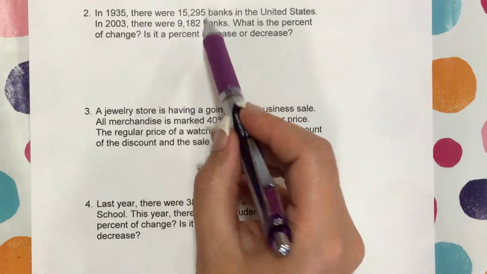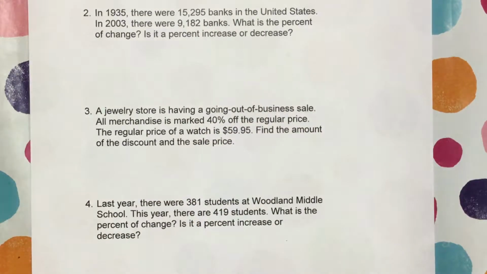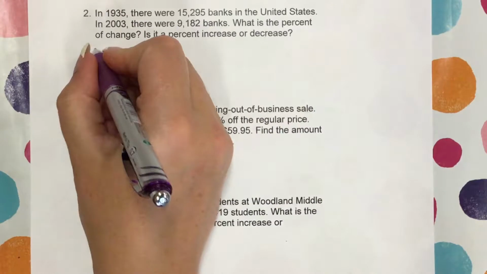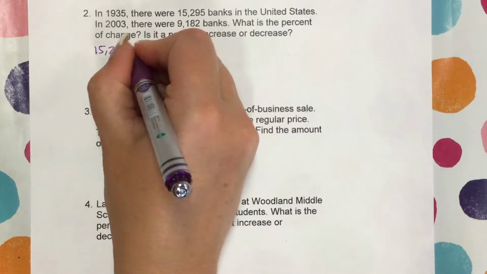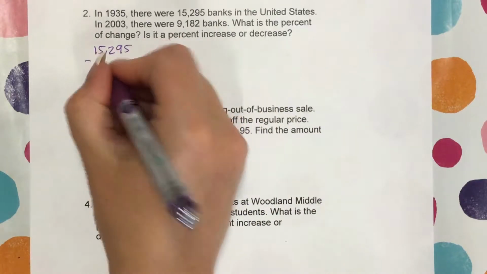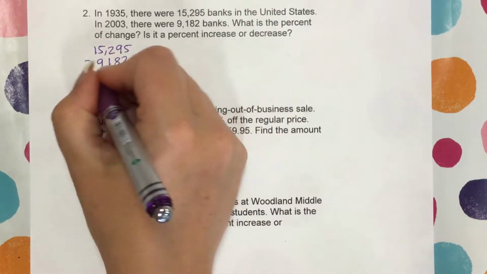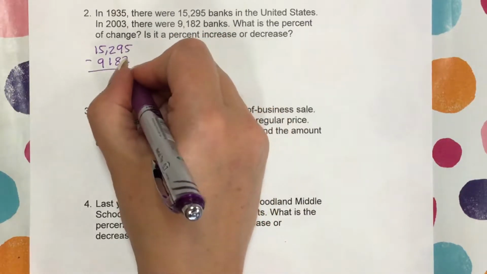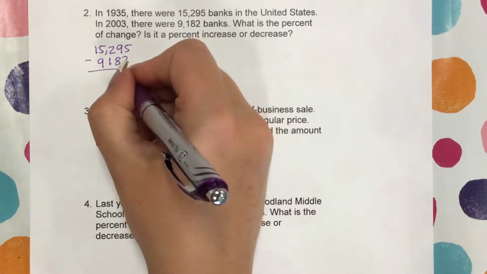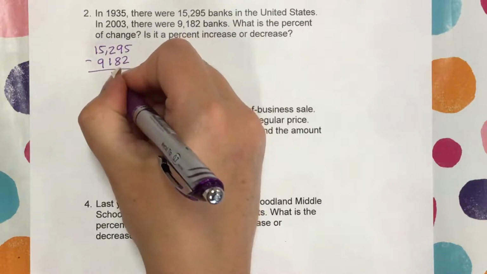The first thing we have to do is find the amount of change. So I'm going to subtract 15,295 minus 9,182. I need to find the amount of change. 5 take away 2 is 3. 9 take away 8 is 1. 2 take away 1 is 1.